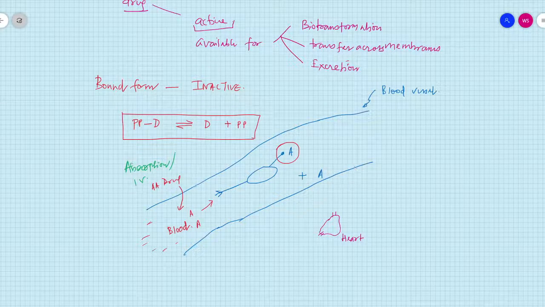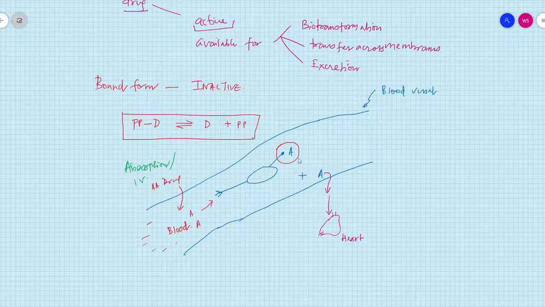It needs to cross this membrane, and then it reaches the heart. So what did we say? Only the active form of the drug is available for biotransformation, transfer across membranes, and excretion. So only the active form gets into the tissue.